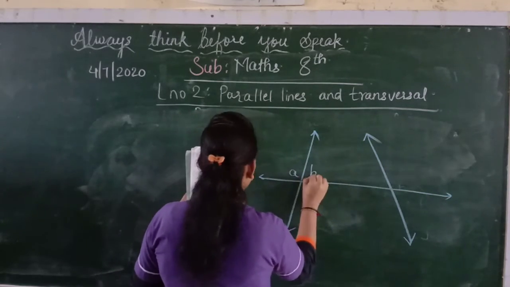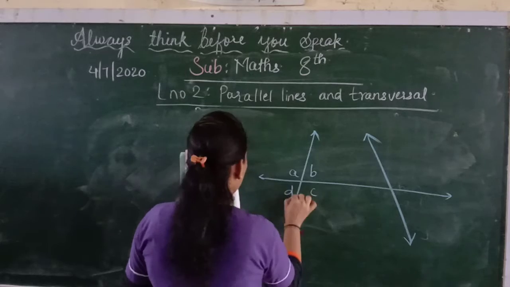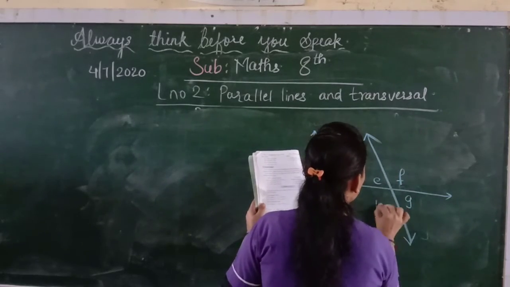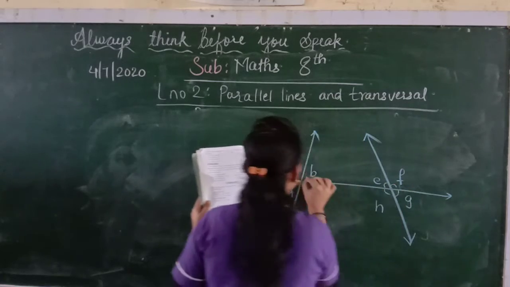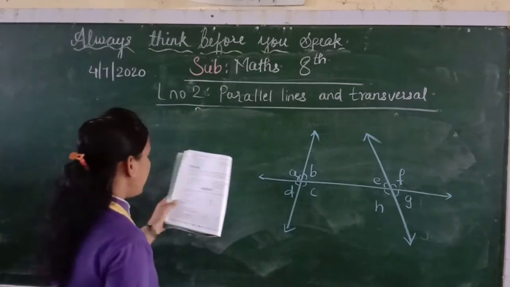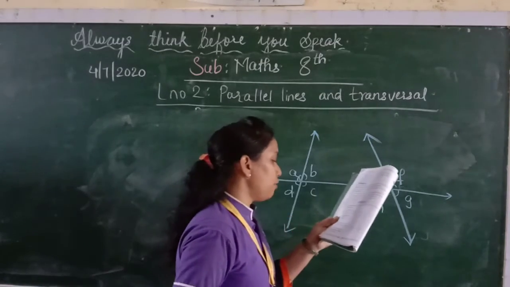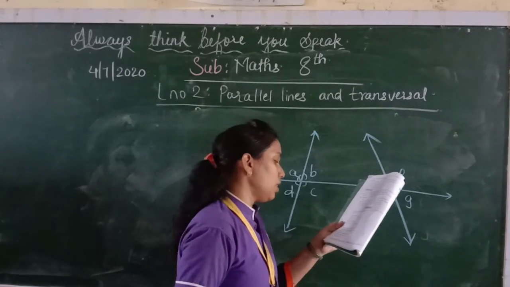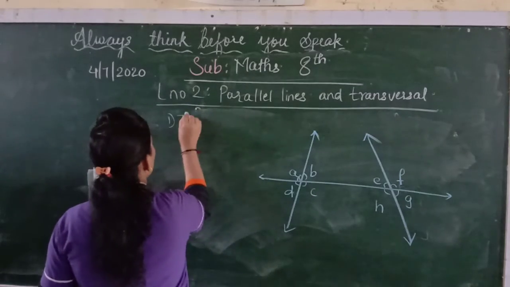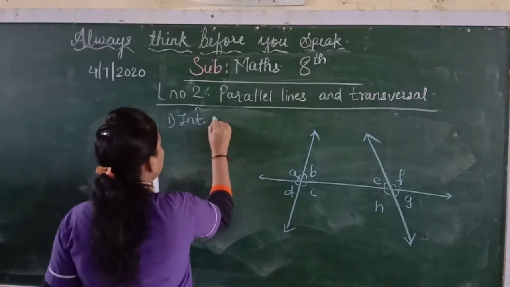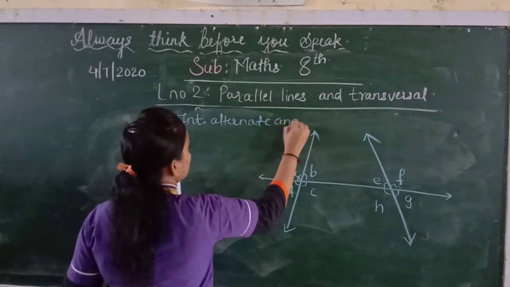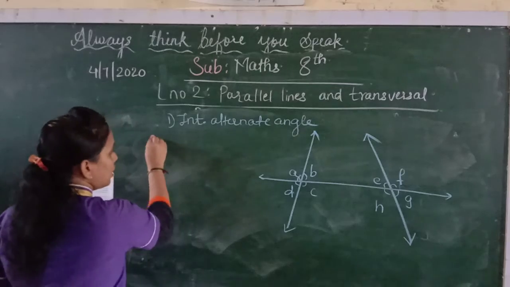Here it is A, B, C and D, E, F, G and H. So these are the angles formed. Now you have to write the following pair of angles. So first one is interior alternate angles.